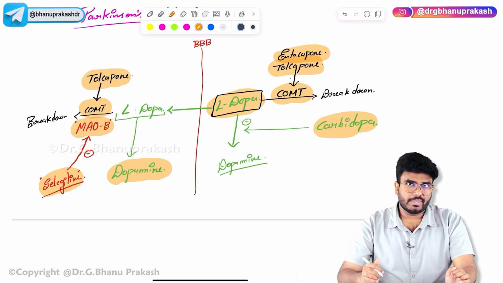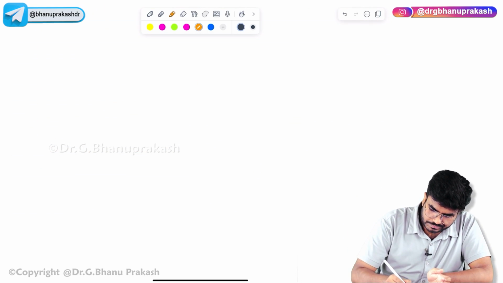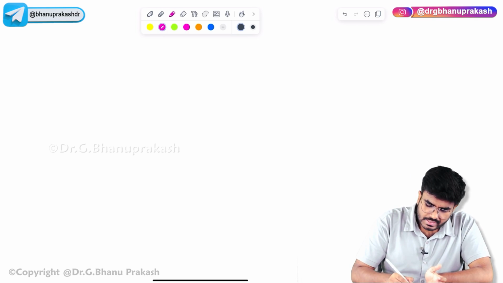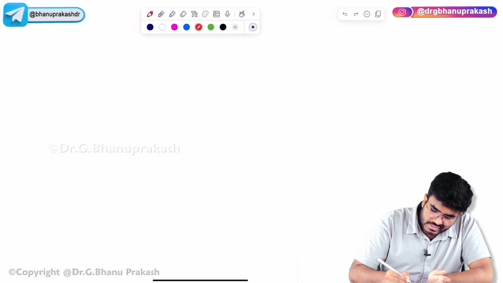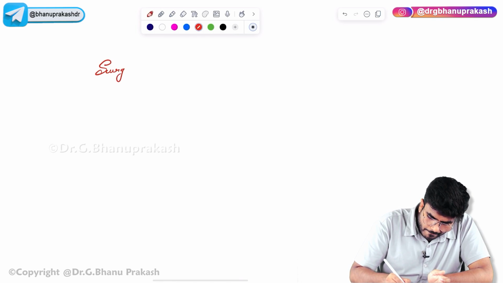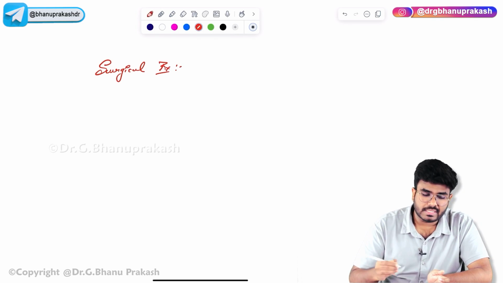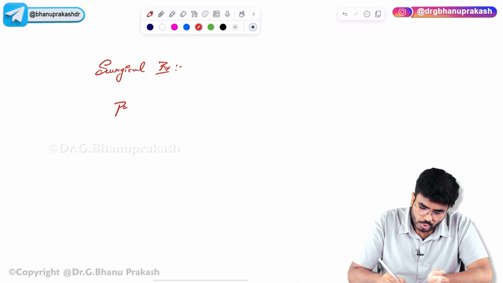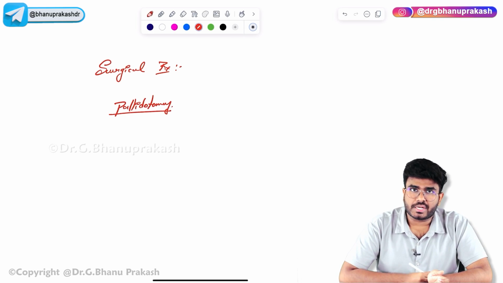See, this is the medical therapy. There is also surgical therapy. Previously, in older days, surgical treatment was done. What is the surgical therapy that is done? It is pallidotomy. It's a partial destruction of the globus pallidus.